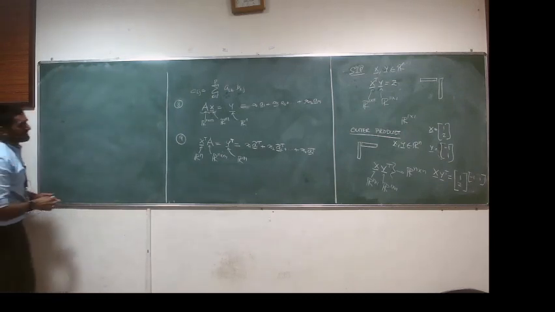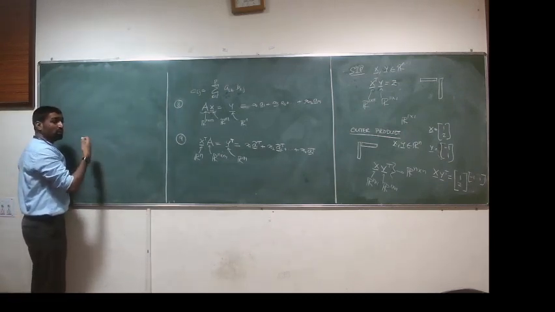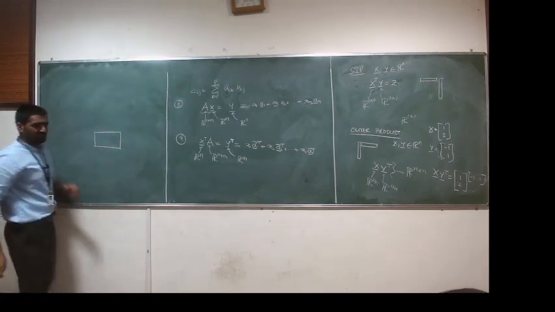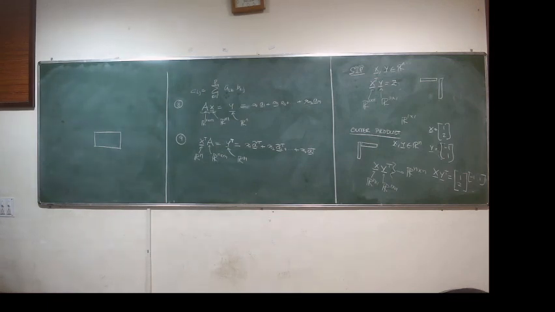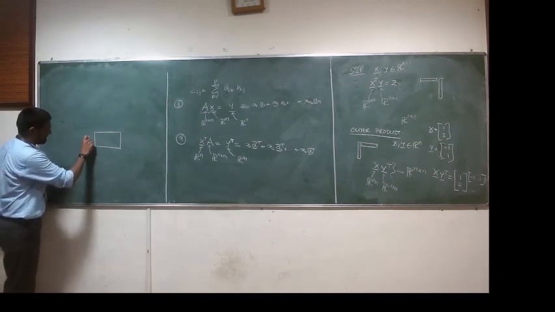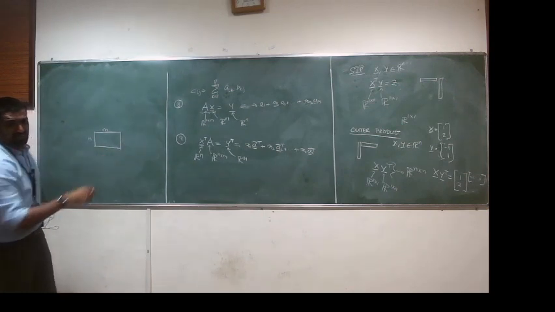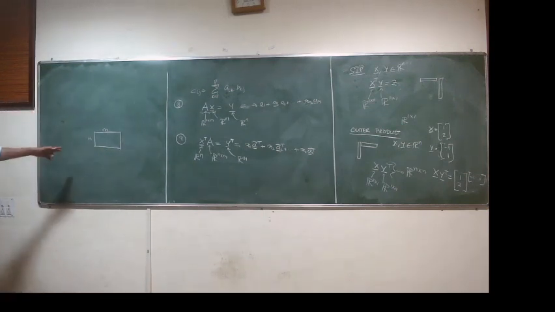Now let me ask you this. If I do an inner product operation, is it possible for me to get a rectangular matrix? No. So the example that we saw here resulted in a square matrix. Can you get a rectangular matrix if you do the outer product between two vectors?